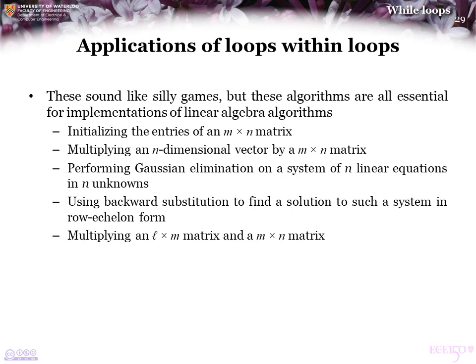Performing Gaussian elimination will actually require a loop within a loop within a loop. Similarly, once you have the system in row echelon form, calculating the solution using backward substitution will require a loop within a loop, and multiplying an L by M and an M by N matrix will require, again, a triply nested for loop.